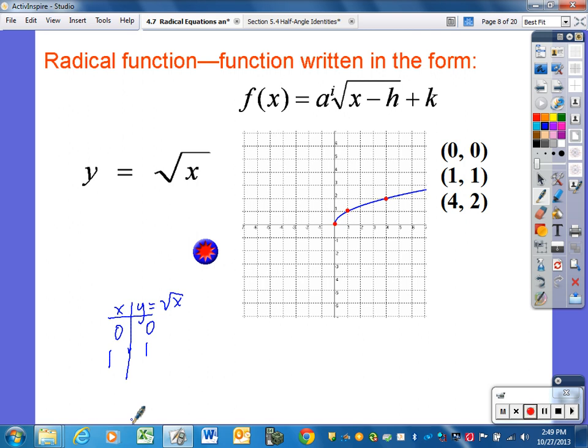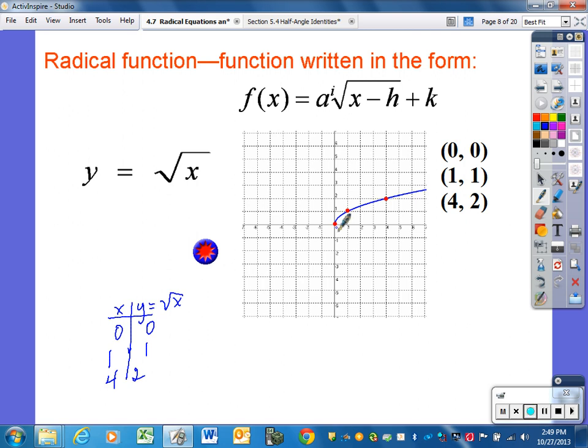No. Can you square root 4? Yes, it's 2. Can you square root negative 1? No. That's imaginary. It's not real. So I have parent function 0, 0, 1, 1, 4, 2, and my flattened out whip through it.